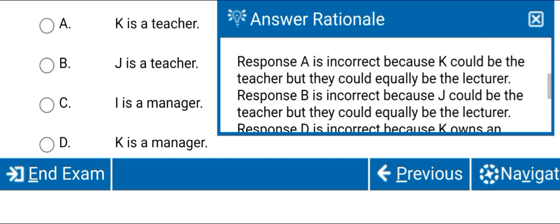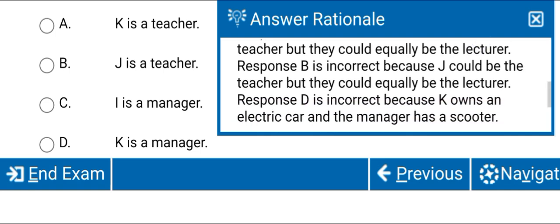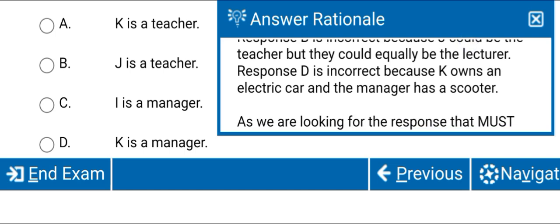Response A is incorrect because K could be the teacher, but they could equally be the lecturer. Response B is incorrect because J could be the teacher, but they could equally be the lecturer. Response D is incorrect because K owns an electric car and the manager has a scooter.